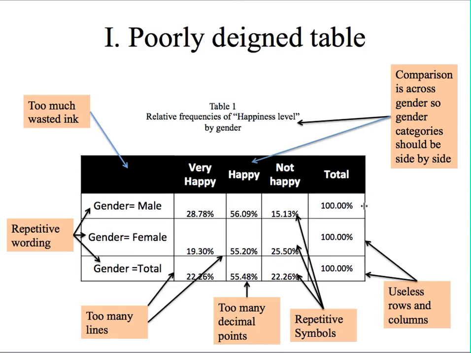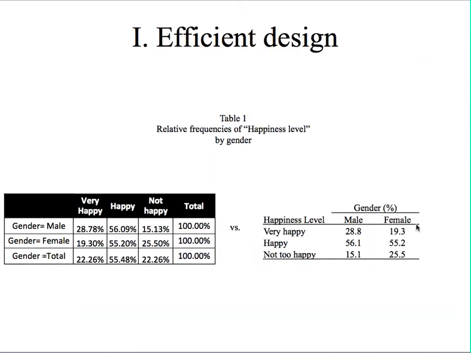side by side, right? So let's consider this, eliminate all the junk that we're talking about here and make it more efficient to allow the eye to compare things better, and we have something like this, right? This is the table that we had before. Now consider this.